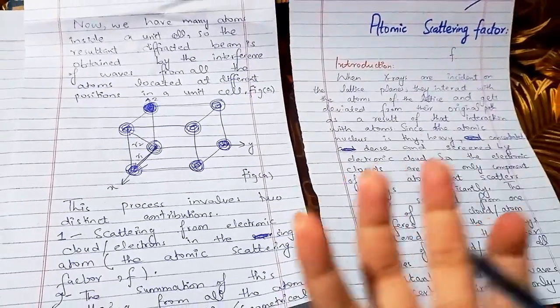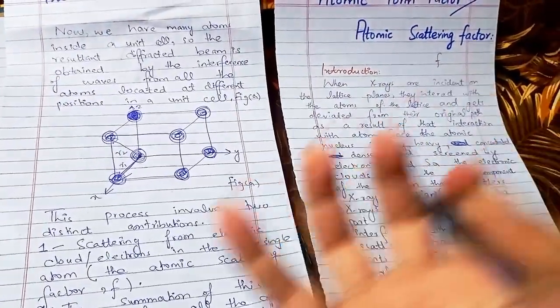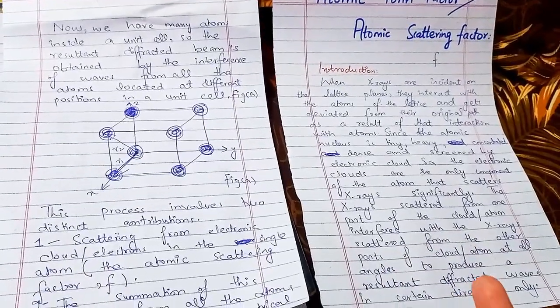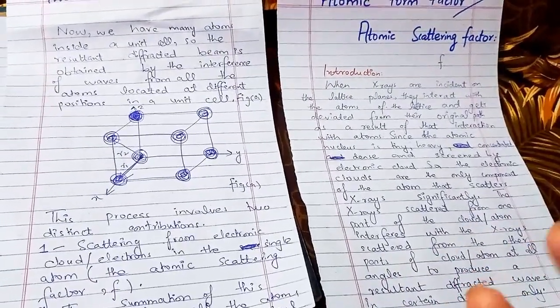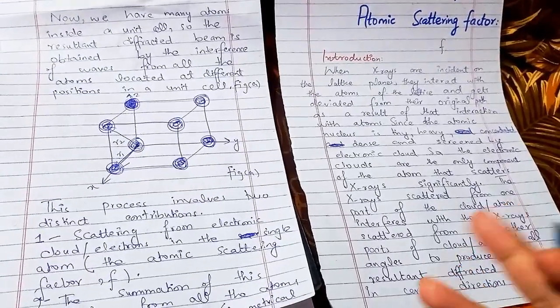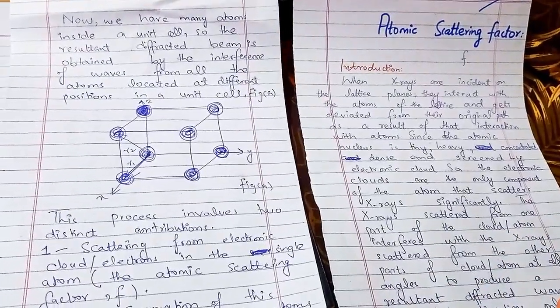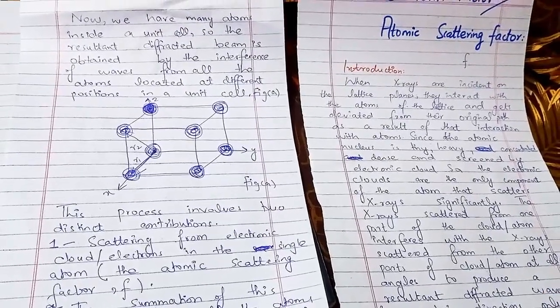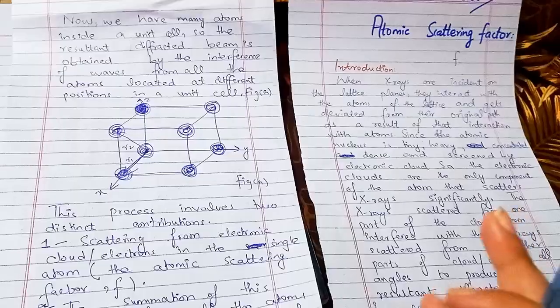To account for the many things happening within a single atom, which result in diffracted beams in certain directions only, we introduce the atomic scattering factor. The atomic scattering factor is the central thing that defines what's happening inside an atom.